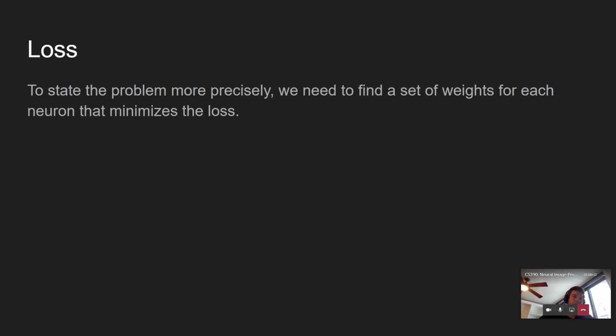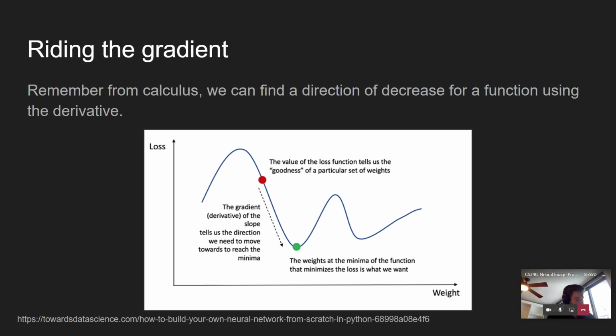But anyways, to state the problem more precisely, the goal of learning these neural nets is to find a set of weights for each neuron that minimizes the loss. So we want to get the loss function to be as small as possible by changing the weights. Well, let's look back to our good old friend calculus. We can find the direction of decrease for a function by finding the derivative. In this case, we have this nice, easy to see 2D function, and we want to find the smallest point.